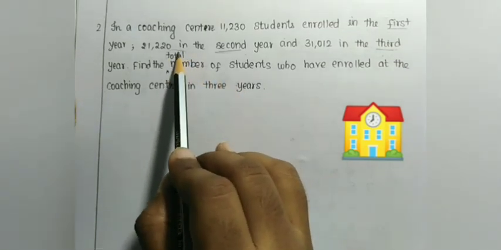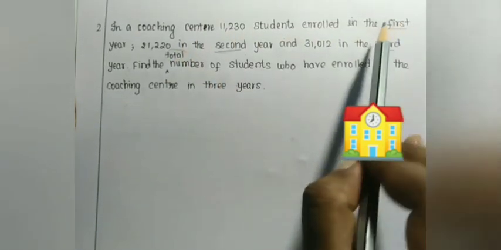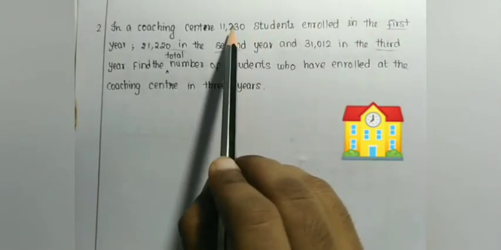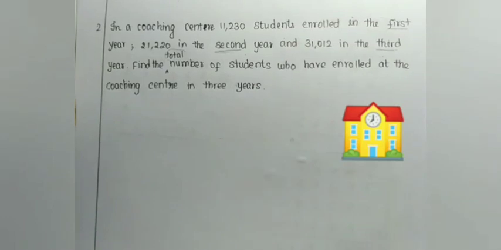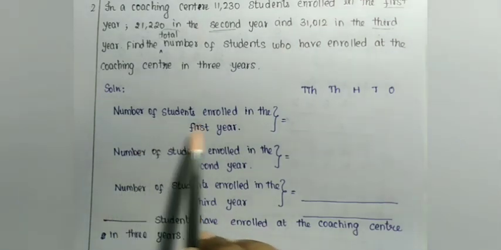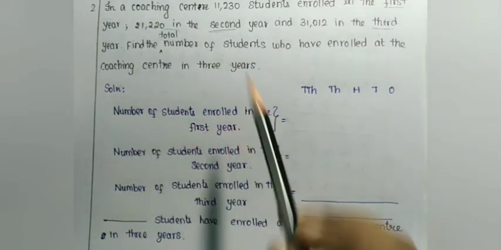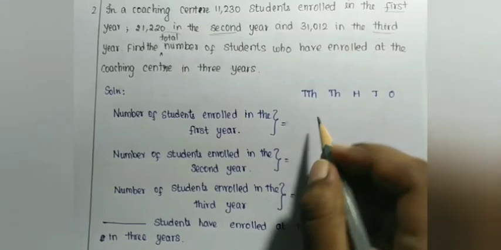So total means addition. We now know the number of students who have come in first year, second year and the third year. So we have to add all these 3 numbers. So let's write the statement. So the number of students enrolled in the first year is 11,230.